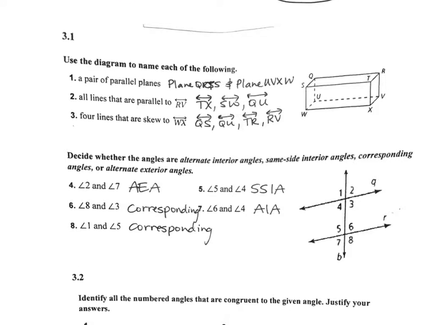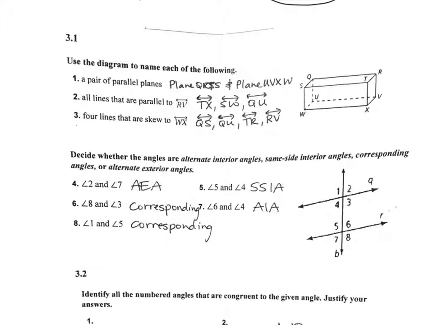And then answer key. So you're using this picture here to tell me a pair of parallel planes, lines that are parallel to certain things, and lines that are skew to certain things. So parallel planes is like the top and the bottom, right?